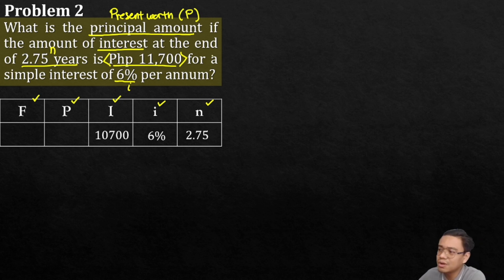Now, how do we solve for our principal amount, knowing that this is our given? If you can still recall the formula for the interest, I is equivalent to P times the interest rate times our period.